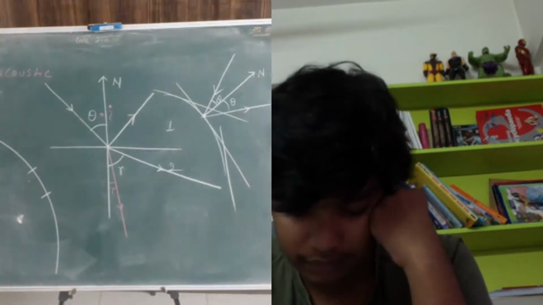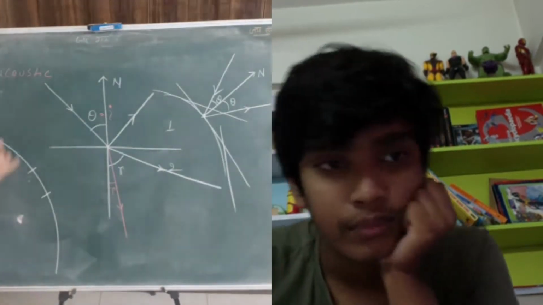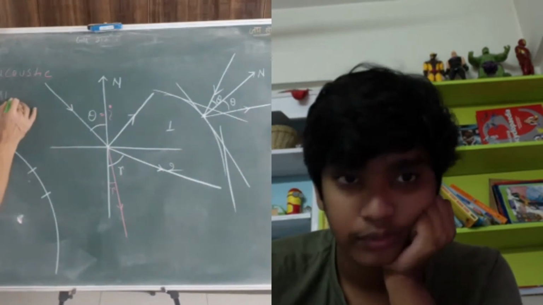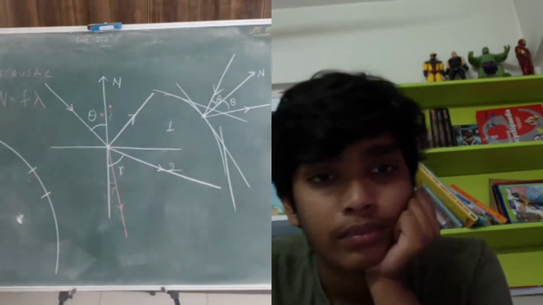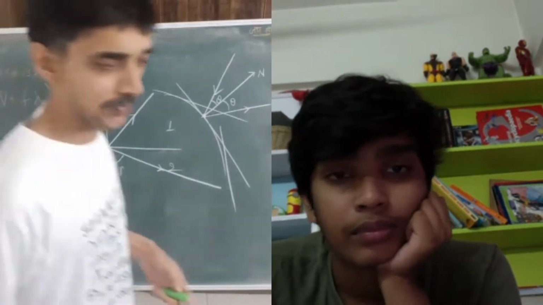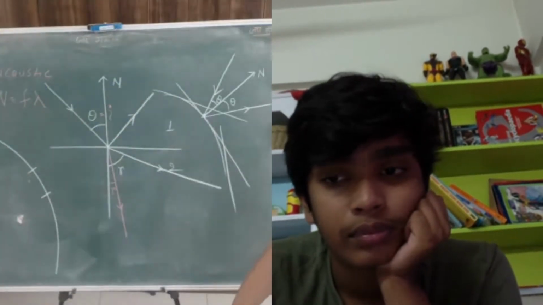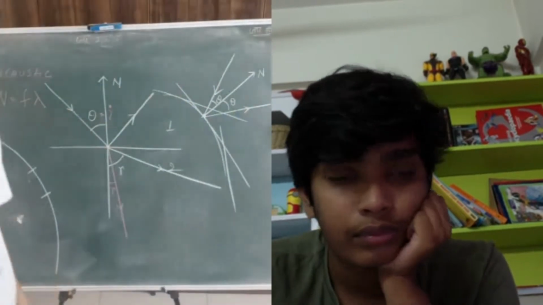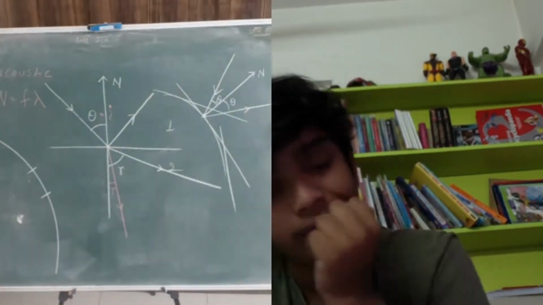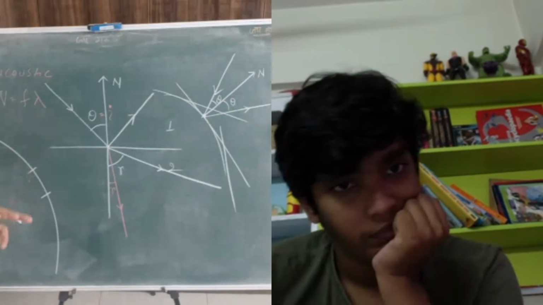Okay, so speed will increase, but frequency, remember, remains the same. Speed increases, no doubt about it, but the frequency of the wave doesn't change when it moves from one medium to the other. Remember these, you'll be using them in higher grades.